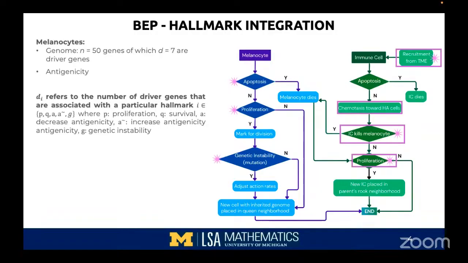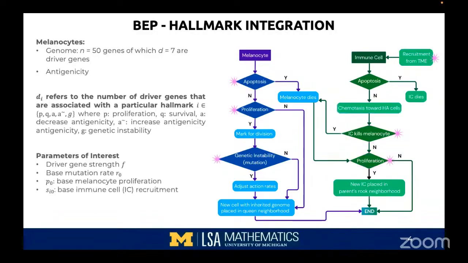Then we introduced immune cells because we needed to model immune evasion. These immune cells chemotax towards high antigenicity cells. And they also have recruitment, proliferation, and killing of melanocytes, all of which happen with a probability that is dependent on the antigenicity of the cells around them.